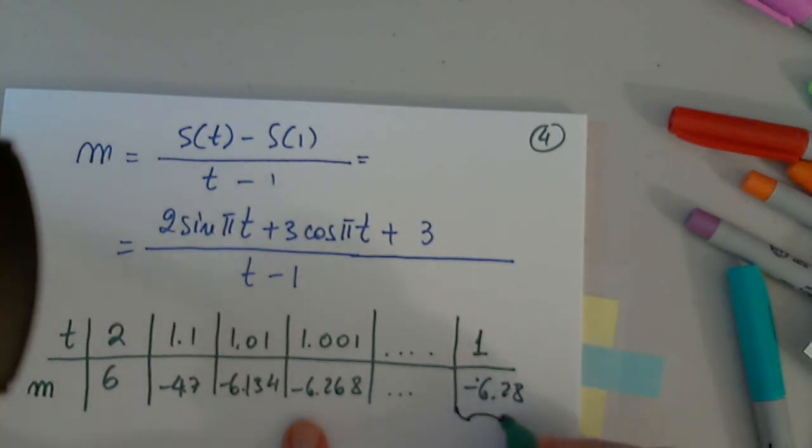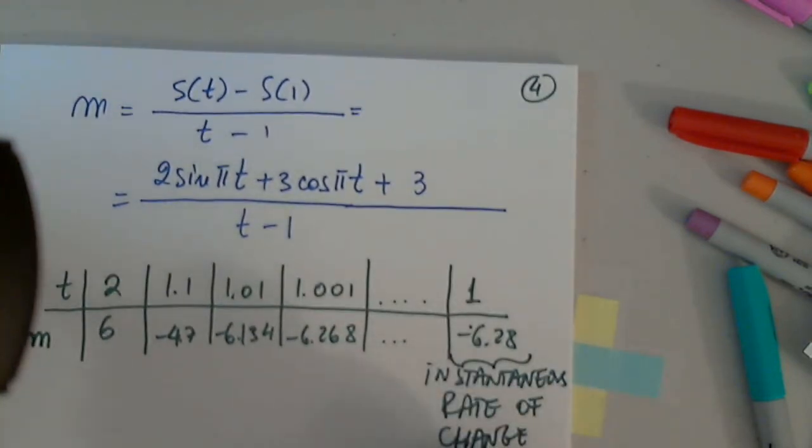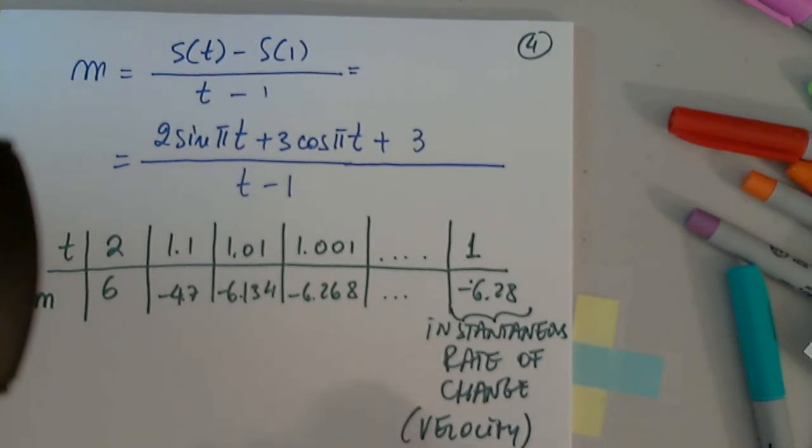And this is the instantaneous rate of change, also called instantaneous velocity. As long as the function is a distance, this is not only the instantaneous rate of change, but also the velocity, the instantaneous velocity at that point.